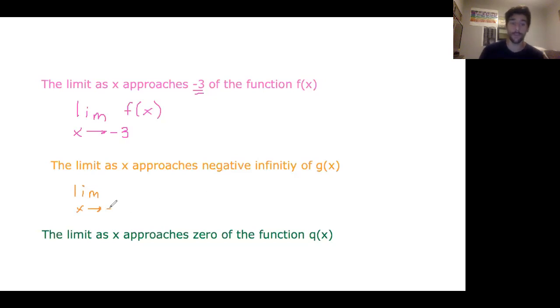So it's a negative number, and in this case, it is negative sideways 8, which is -infinity, then of the function g of x. And the last one is the limit as x approaches 0 of the function q of x. So these would be the matching calculus notation for these math sentences.